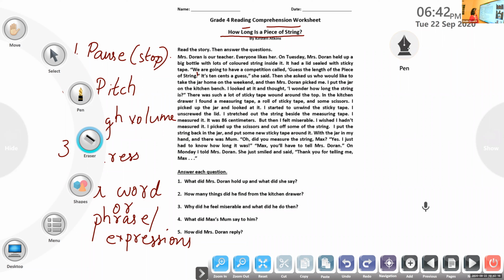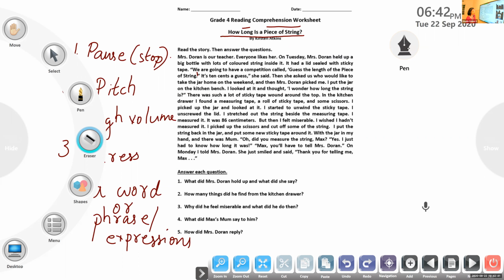I only have two lines, right? Yeah, if you want to read more, you can. Right. On Tuesday, Mrs. Doran held up a big bottle with lots of colored strings inside it. It had a lid sealed with sticky tape. Perfect. That's perfect. Thank you very much.